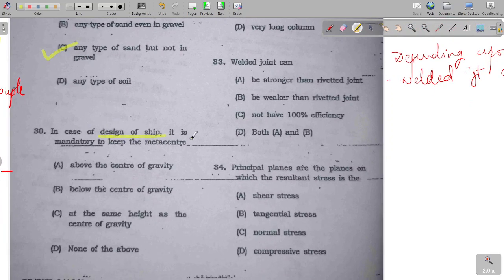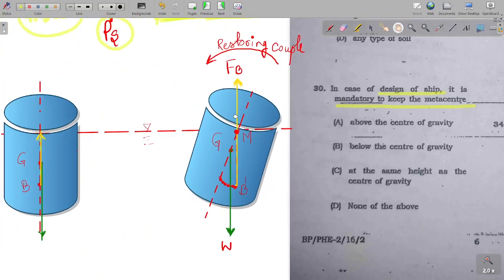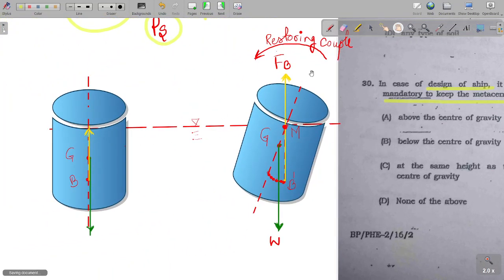In case of design of ship, it is mandatory to keep the metacenter. So let's see what metacenter is. So suppose we have a cylinder that's floating in water. Cylinder float कर रहा है पानी में और इसका कुछ पार्ट ऊपर है वाटर सरफेस के और बाकी पार्ट नीचे है.